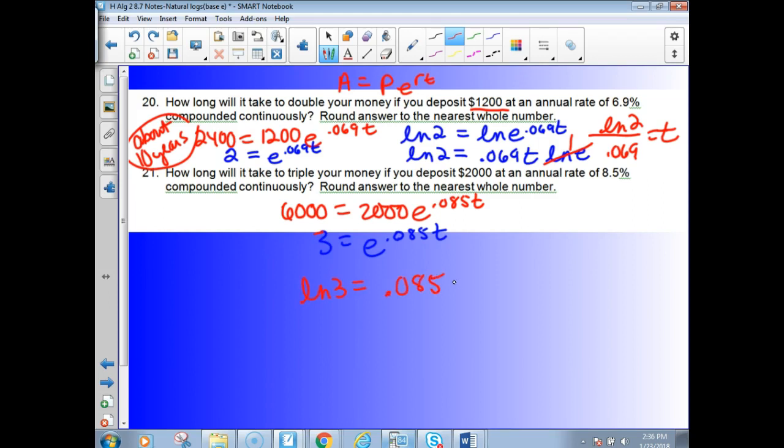I'm going to bring the 0.085t out in front of my natural log of e. Natural log of e is 1, so natural log of 3 divided by 0.085. And that's about 13 years.